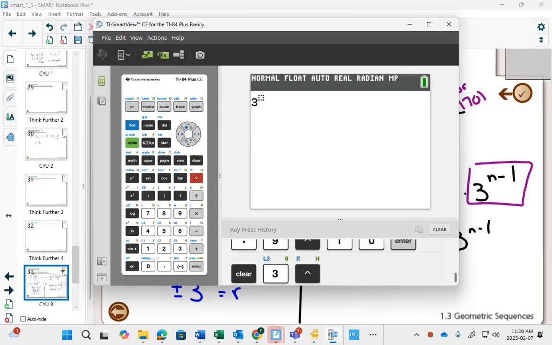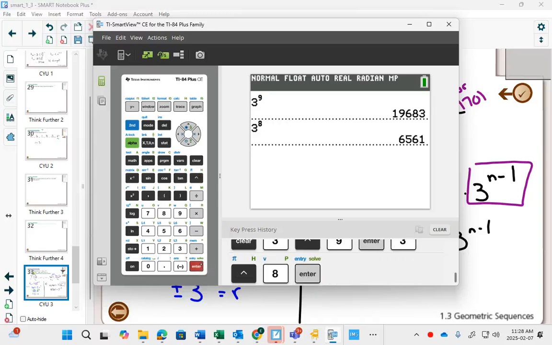Pick a random number. 9. 3 to the 9. Oh, you went too big. Now, do you know that it has to be less than 3 to the 9? Pick a number less than 9. 8. Oh, you got it already.